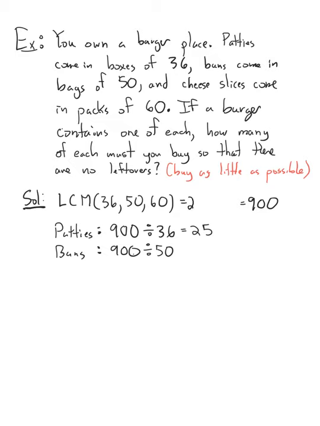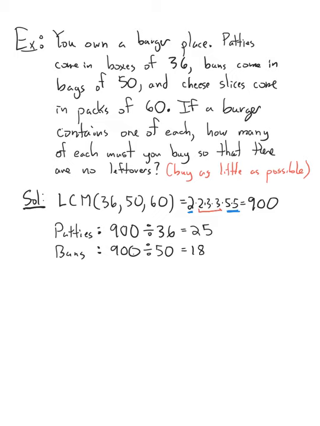So it'll be 2 times 2 times 3 times 3 times 5 times 5. And we need 50. So 50 is 2 times 5 times 5. So I'm going to take this 2 and these two 5s. And what do I have left? I have 2 times 3 times 3. So that is 18. So 900 divided by 50 is 18.